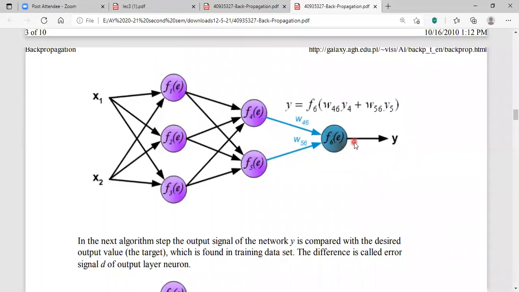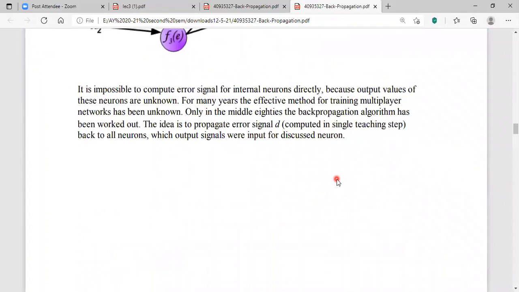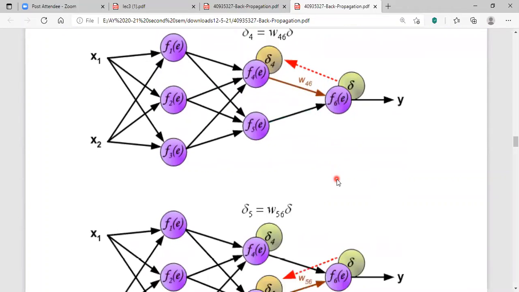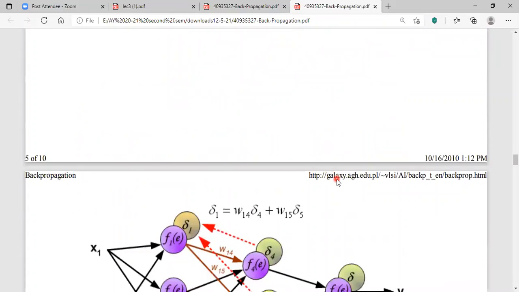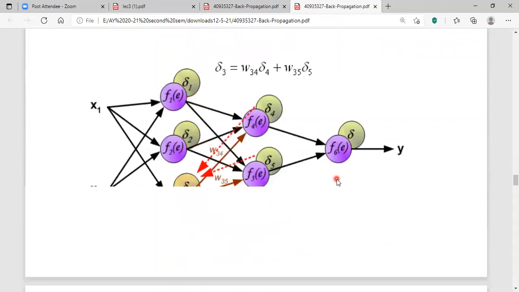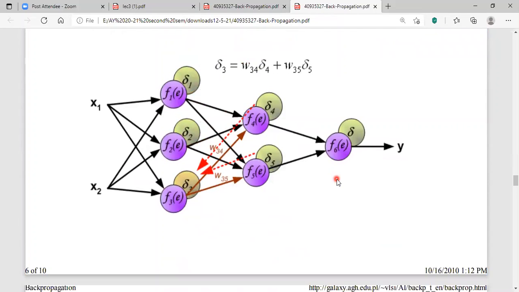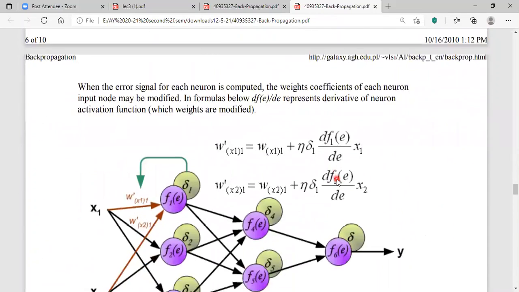So this process is iterative. You have to repeat this process until you get a very small error signal, which should be negligible. Clear?